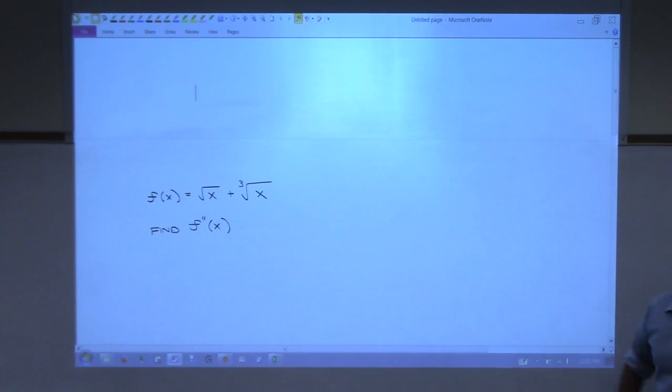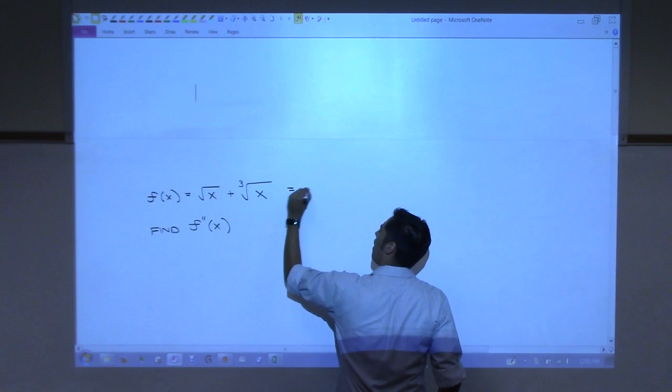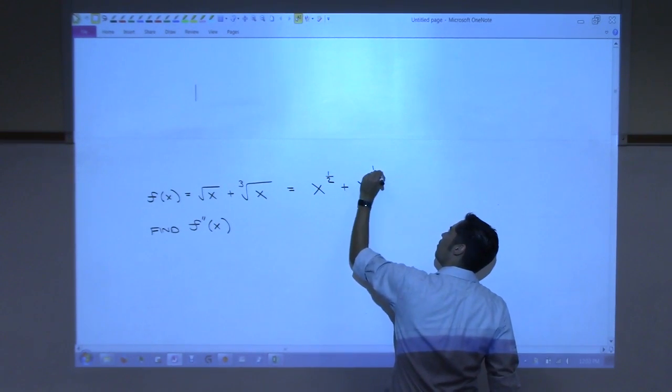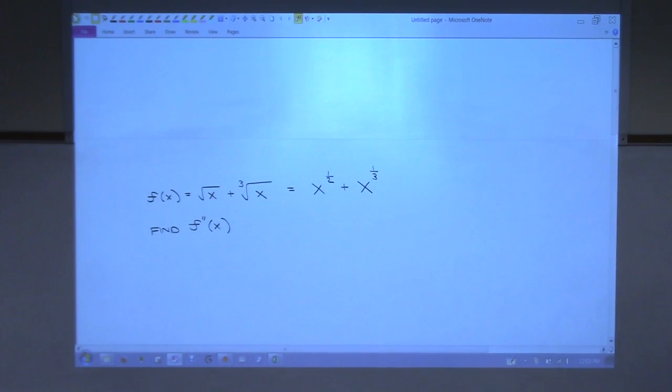What would you do first? Rewrite them as powers, right? x to the half plus x to the 1/3. And then do your derivative once, and then do it a second time.